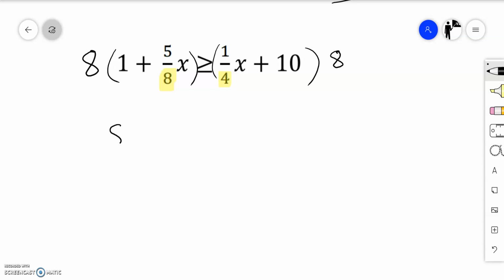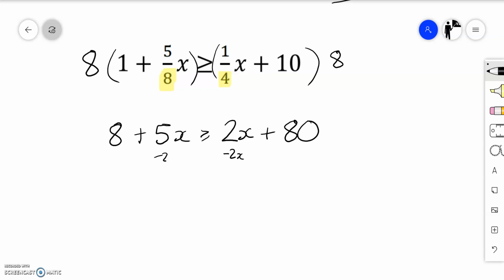So I've got 8 lots of 1, it's 8, and I'm adding 8 5s are 40, divided by 8 is 5, so I've got 8 plus 5x is bigger than 8 times a quarter, that's 8 over 4, which is 2x plus 80. We can then subtract 2x from both sides.